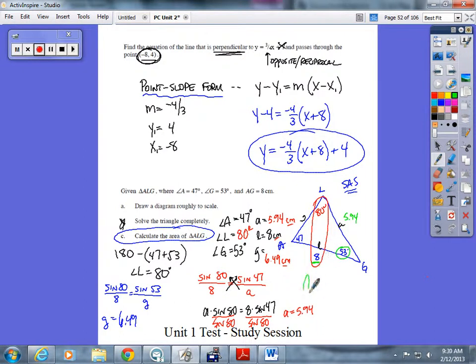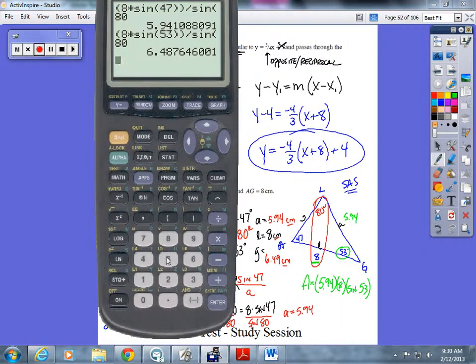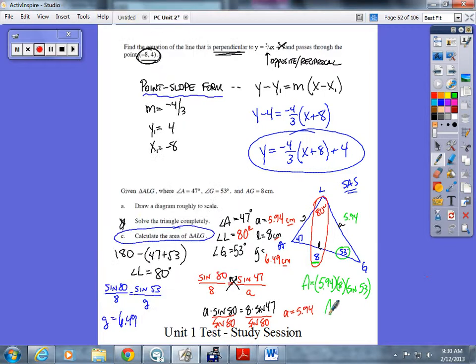So if I do area equals 5.94 times 8 times the sine of 53, I will get my area. So 5.94 times 8 times the sine of 53 gives me an area of 37.95 centimeters squared. Make sure you label that answer.